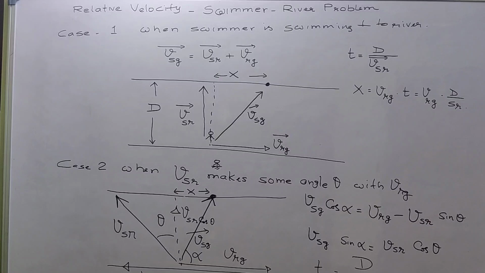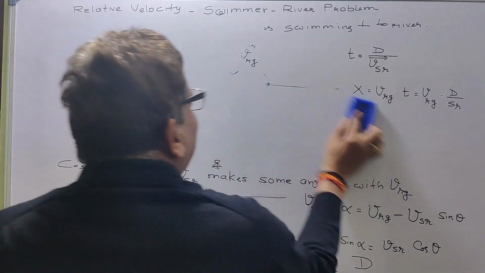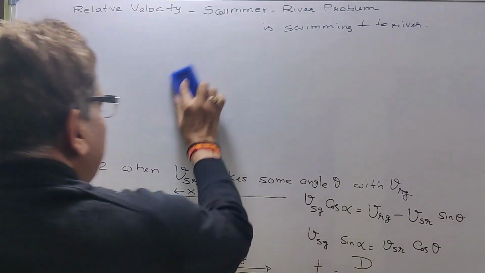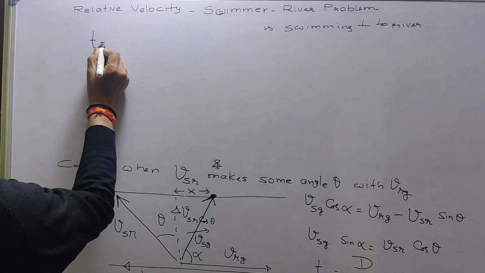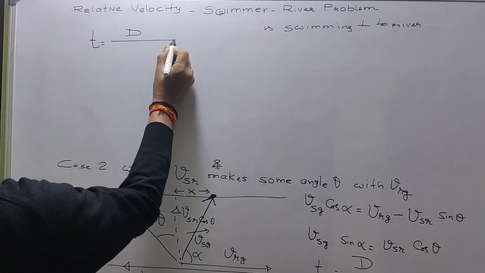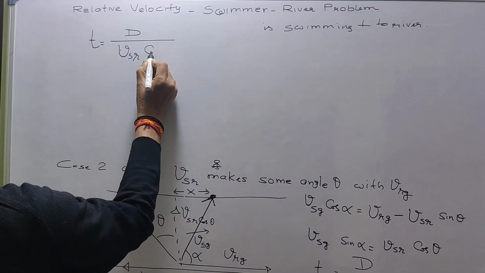Now the least time it takes to cross the river. How to find out the least time? I can take this expression t equals to d divided by VSR cos theta.